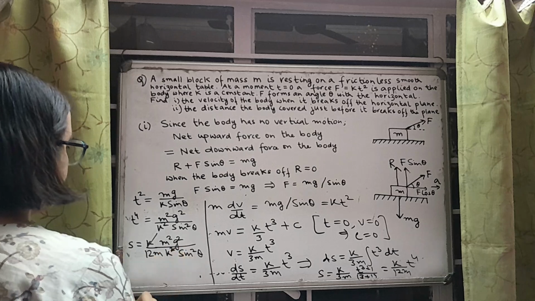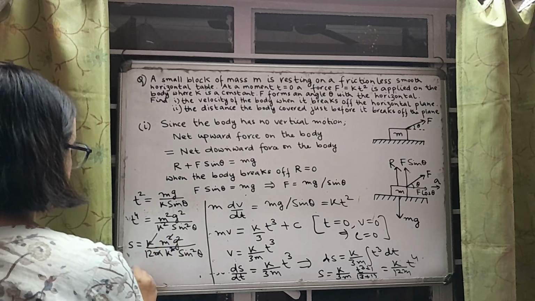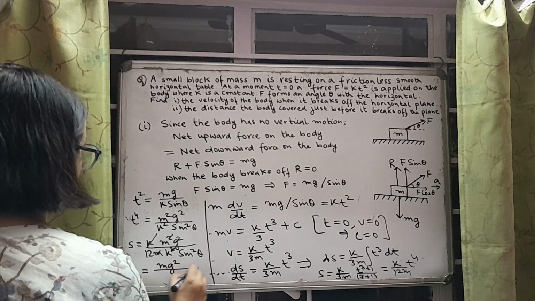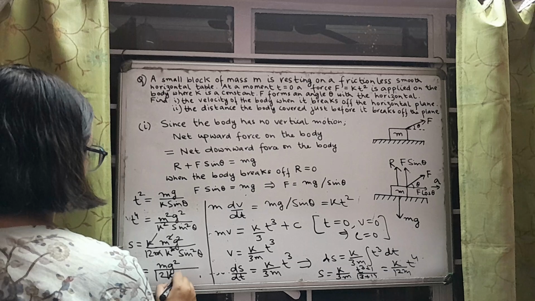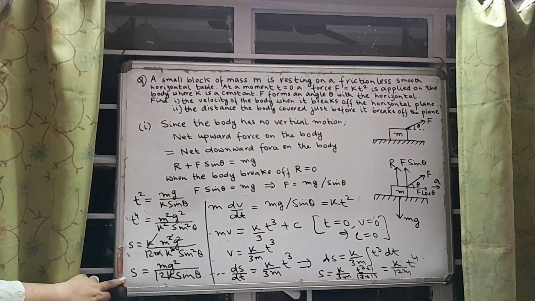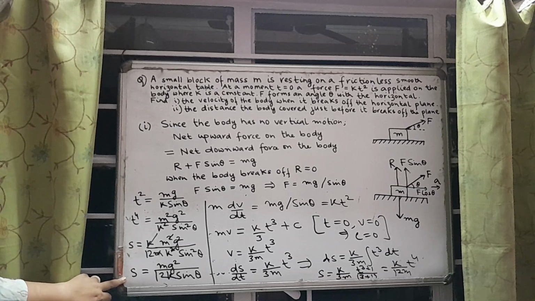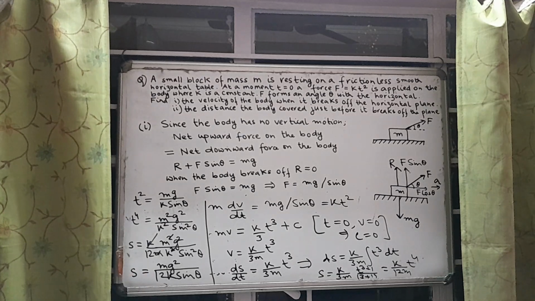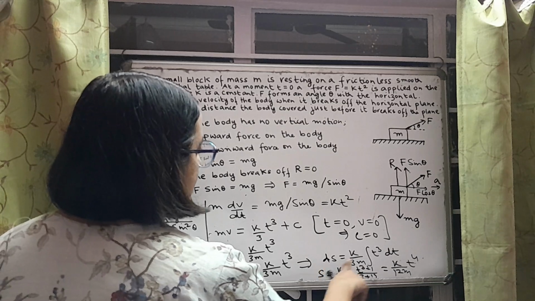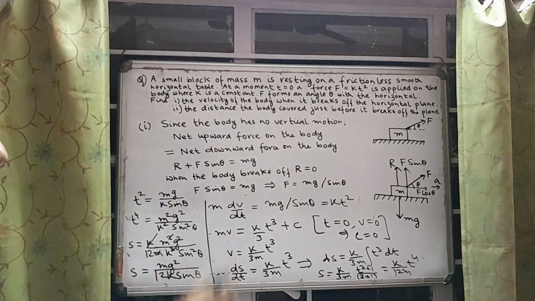Now k cancels, so s becomes m g squared by 12k sine squared theta. So this is the distance the body covers just before it breaks off. Here I have not put the constant of integration because at time t equal to 0, the distance covered was 0, so c will come as 0. So you can verify this.